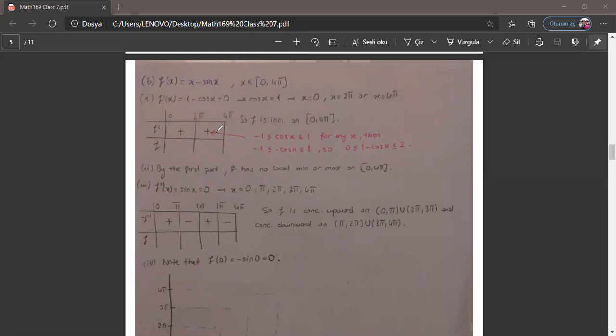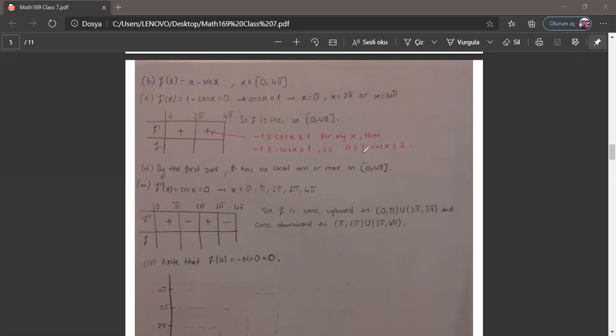So to find this, we know cosine x, for any angle, is between -1 and 1. So to get this f prime, we need to first multiply it by minus. So we have here this interval again, and we need to add 1 to get f prime, as I said before.